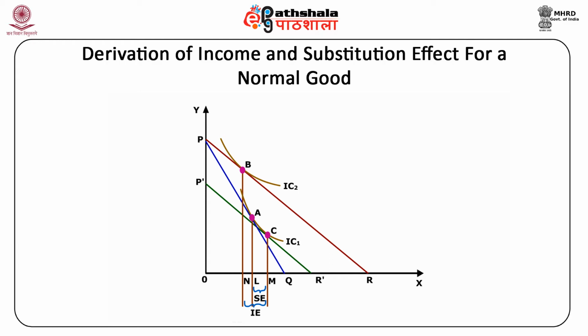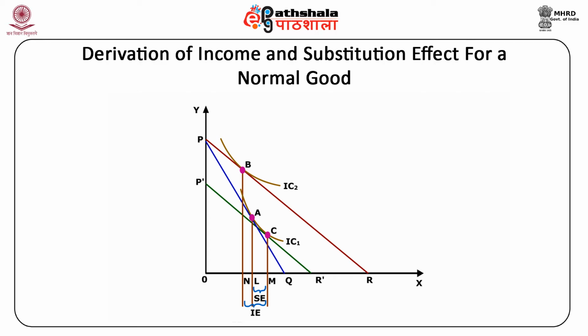To isolate the substitution effect, the individual's money income should be reduced sufficiently so as to keep him on the initial indifference curve IC1. To show this, an imaginary budget line P'R' is drawn that is parallel to the budget line PR and lies below it, as it represents a reduction in income such that it touches the original indifference curve IC1.